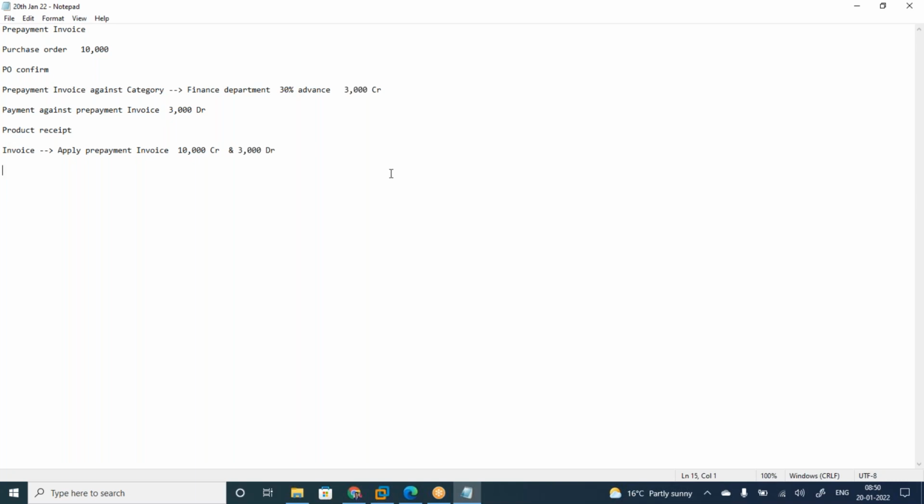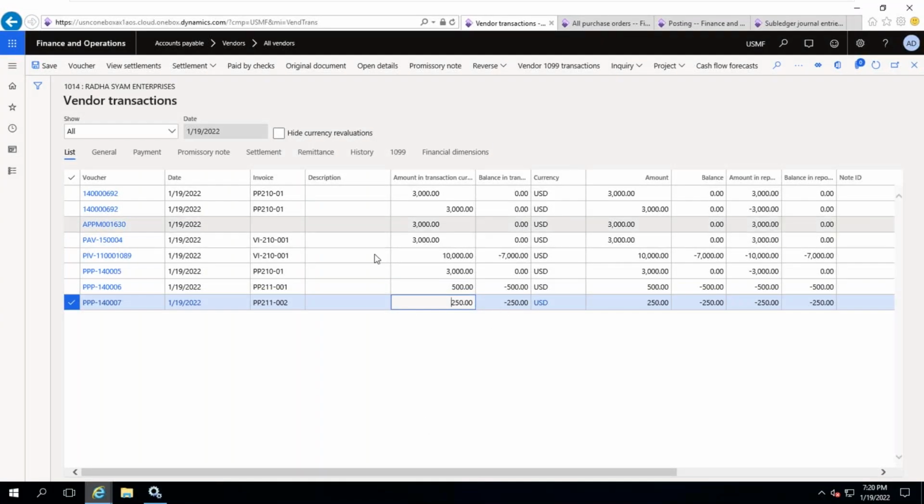Okay, fine, let me go back. So this prepayment invoice functionality, whatever I have shown, it may be 2-3 scenarios. You may find many scenarios if you Google it like this.